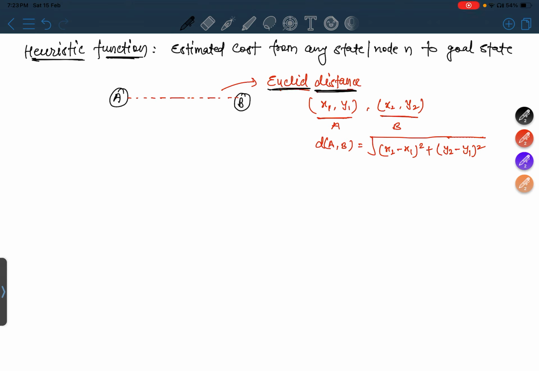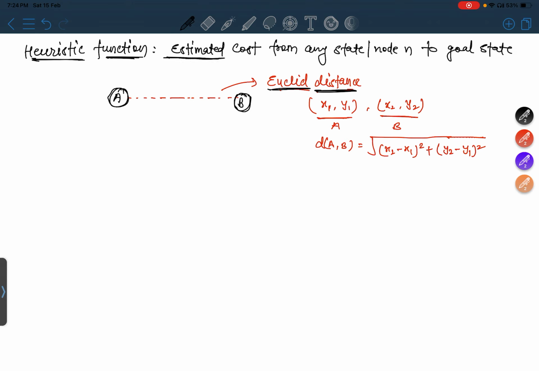Now you must be thinking that this is the distance between two points. How can we calculate this for two cities? Because a city is not just a single point. So what we can do, that's where this estimation comes in.